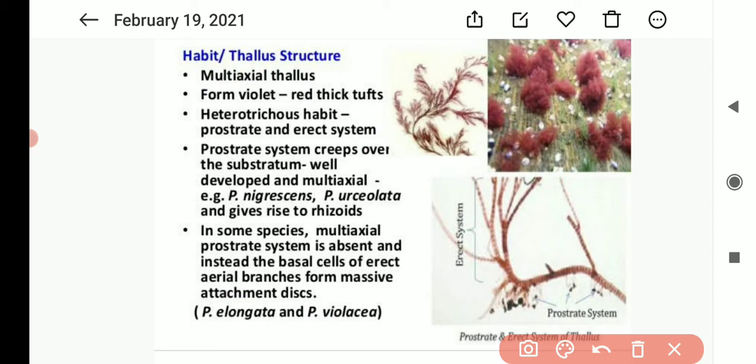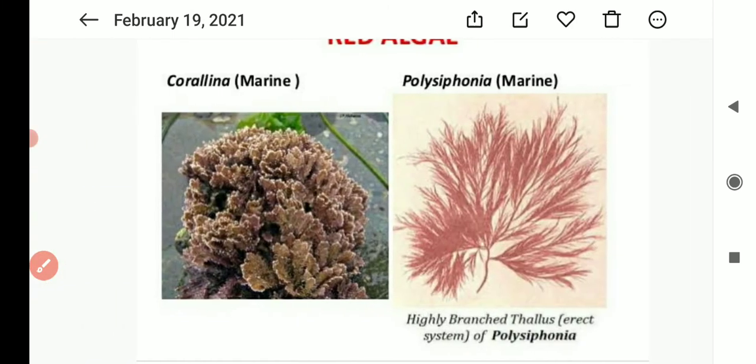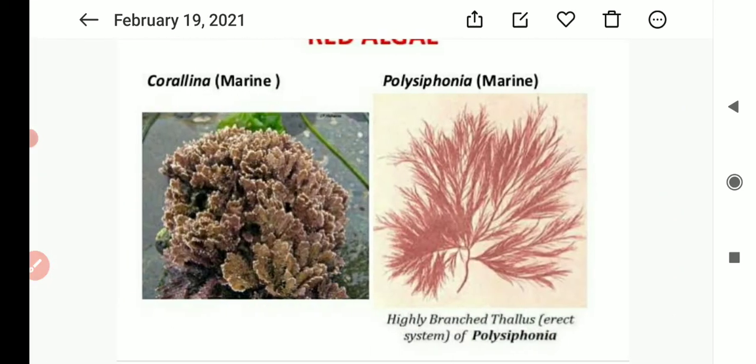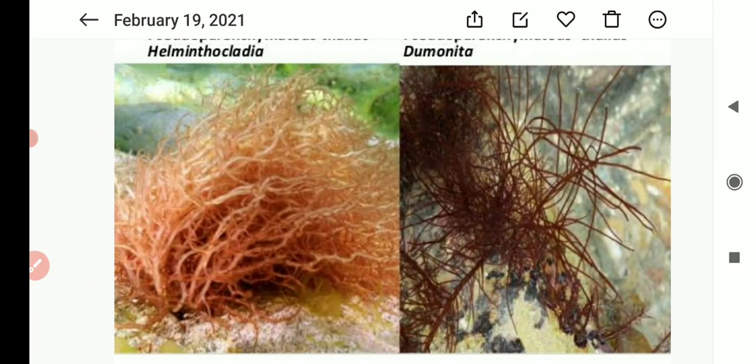Okay, I'm coloring it again. This word means that the plant body has an erect system and a prostrate system. So you try to use the term, that it has a heterotrichous habit. So I think the introduction is clear enough. If I go in detail, I think you can understand.